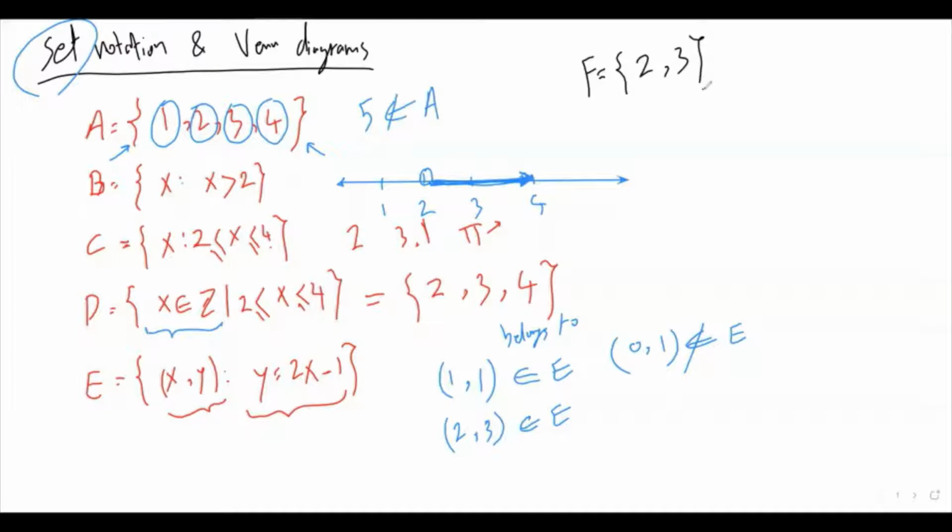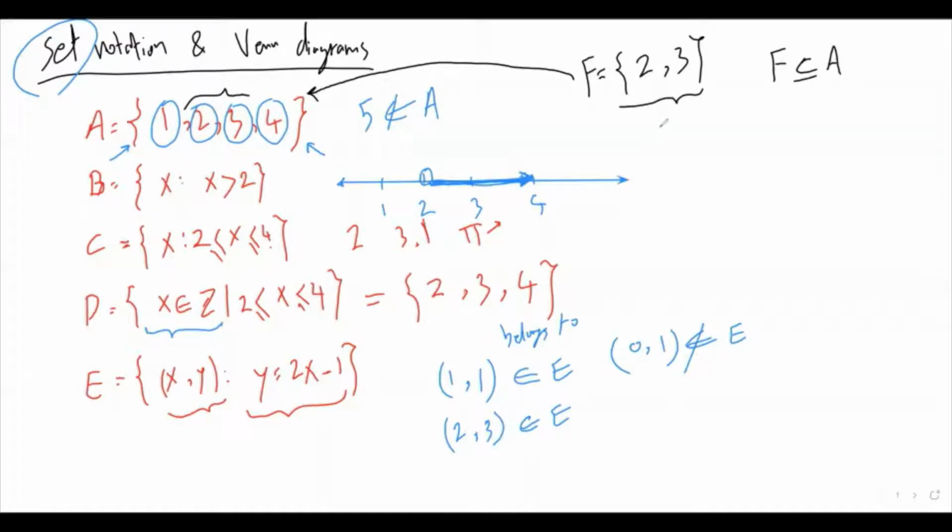So you can see all the members of F also appear in A, right? We have 2 and 3 here. So I can say F is a subset of A. And how do we show that? This is the symbol. So F is a subset of A.